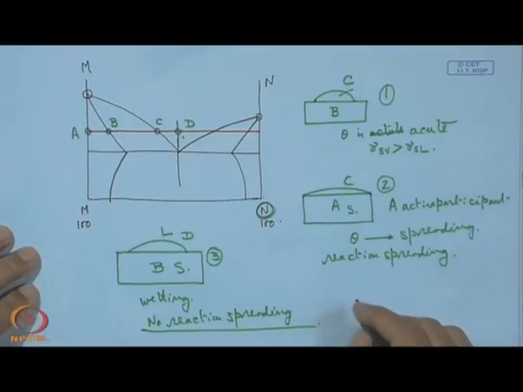Now, we consider another example, which is actually two extreme situations. Here we have A as the solid and D as the liquid.